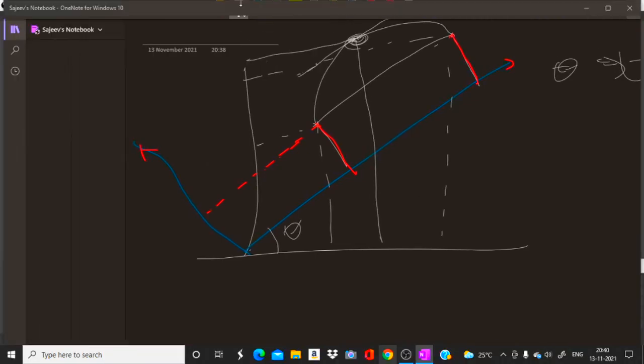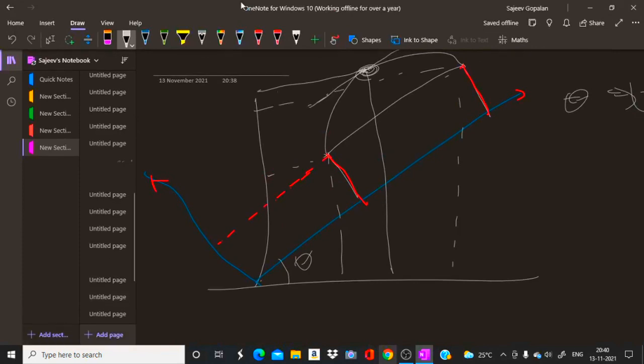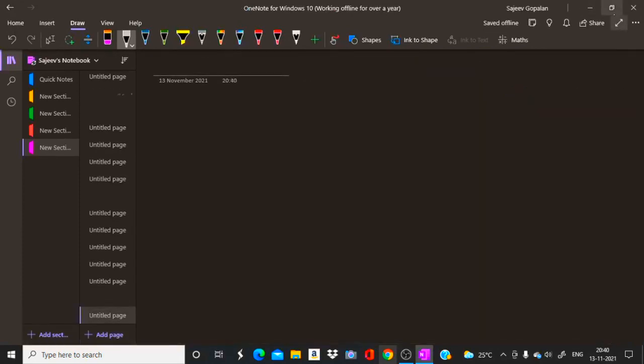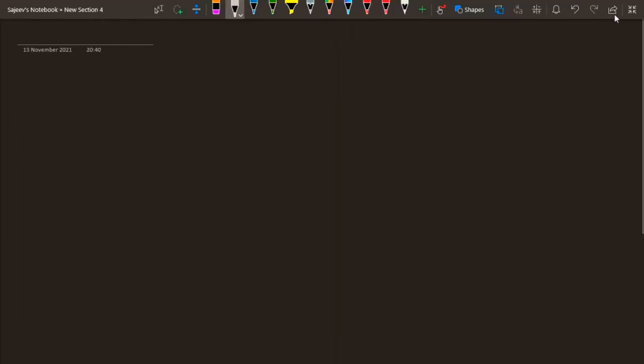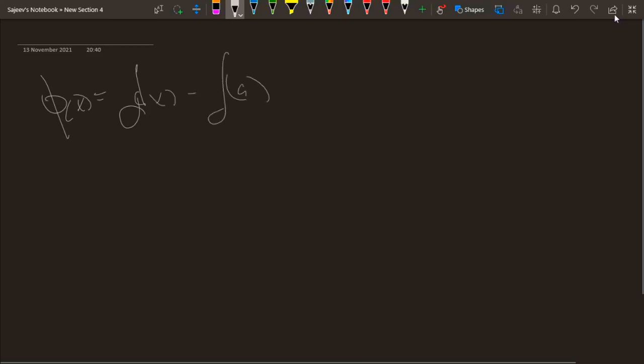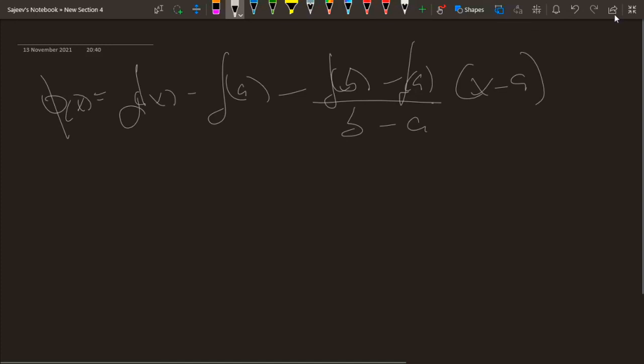So hope you get an understanding of the proof. In many textbooks you will see to consider a function phi of x equal to f of x minus f of a minus f(b) minus f(a) by b minus a into x minus a, and then put the values a comma b, and you will find that phi of a equal to phi of b.